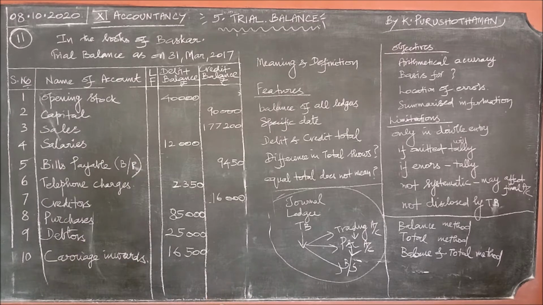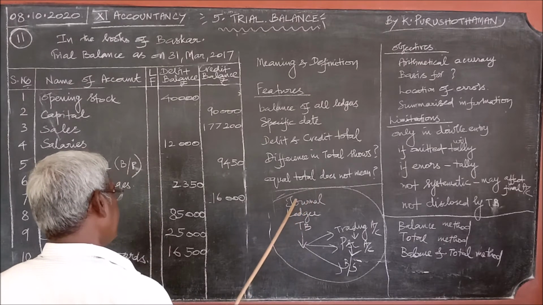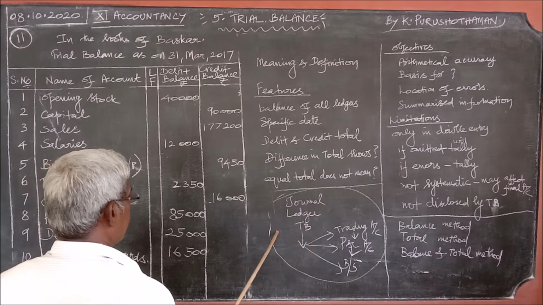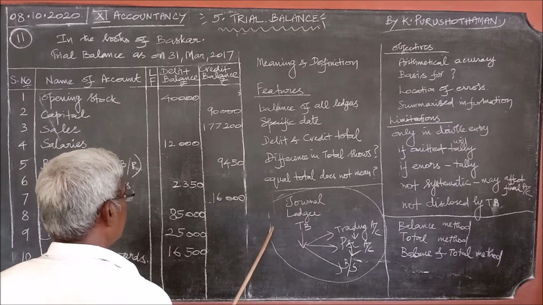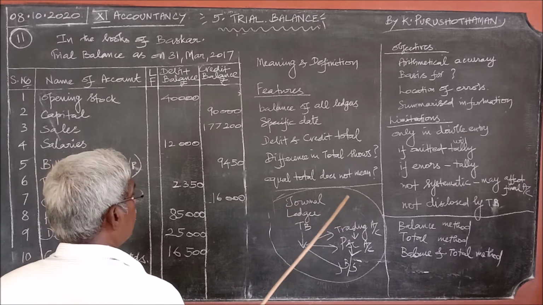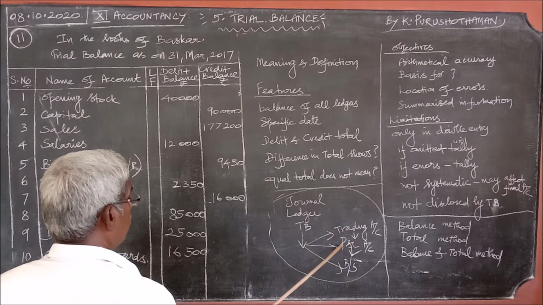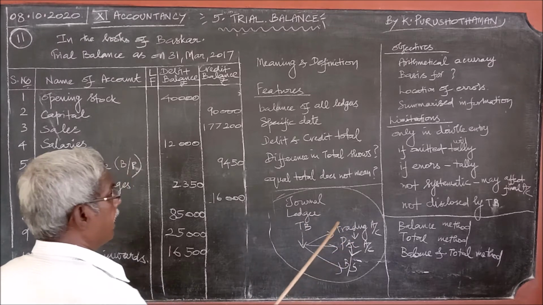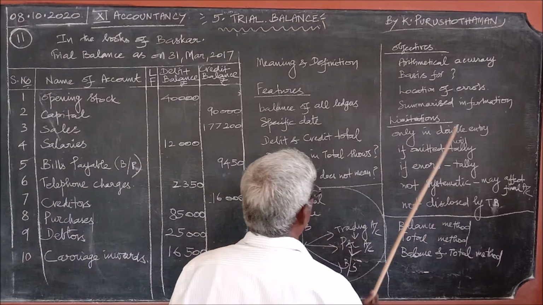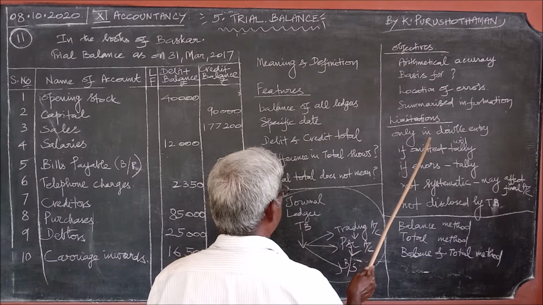Only in the double entry system, passing entries in the journal, then ledger posting, from the balances of the ledger, the trial balance can be prepared. After the trial balance, we shall prepare the trading account, then the profit and loss account, then the balance sheet. So only in the double entry system can the trial balance be prepared.